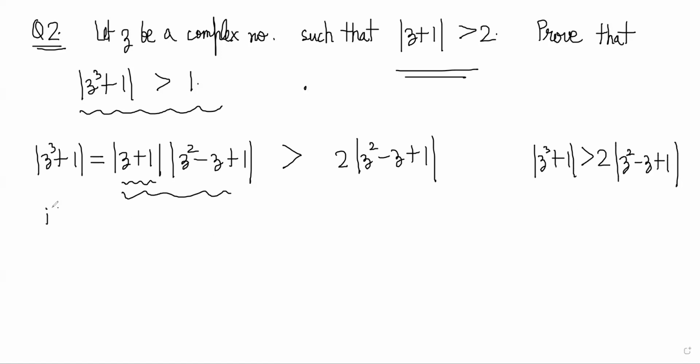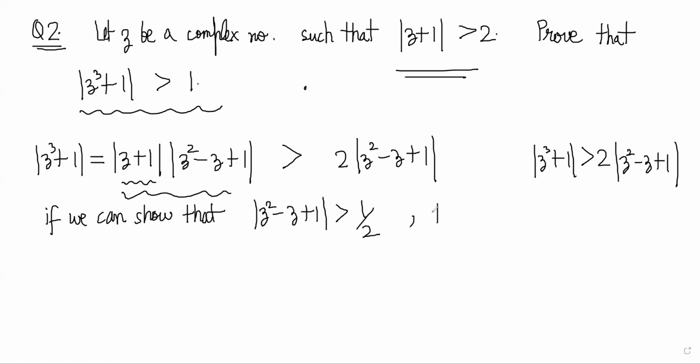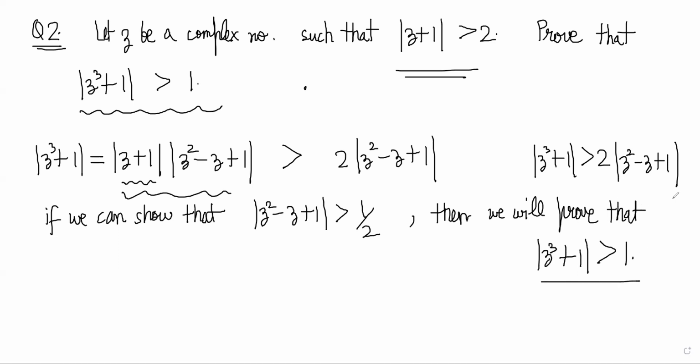If we can show that mod of z square minus z plus 1 is greater than half, then we will prove that mod of z cube plus 1 is greater than 1 from here, right? So our job is to try to prove this statement, correct?